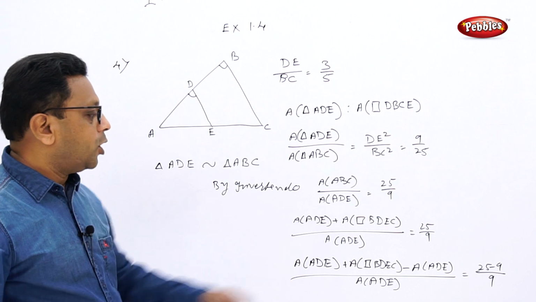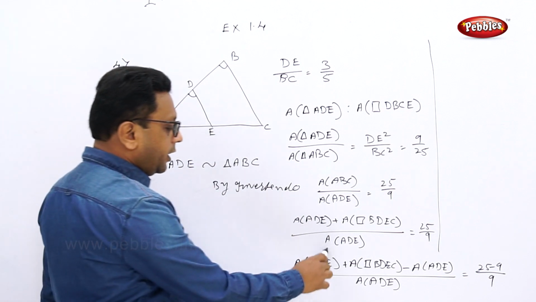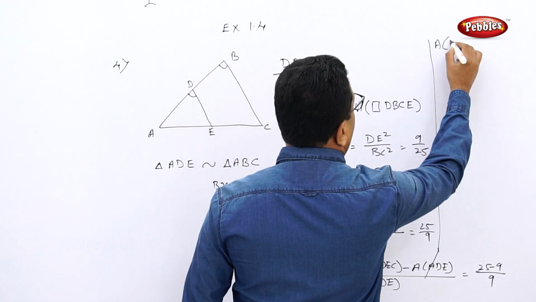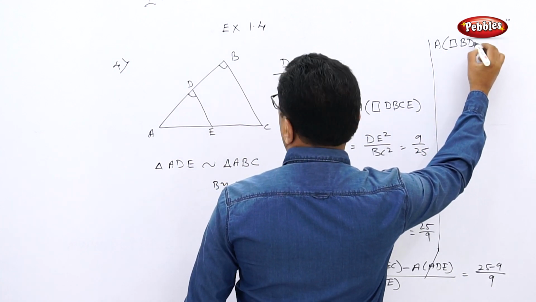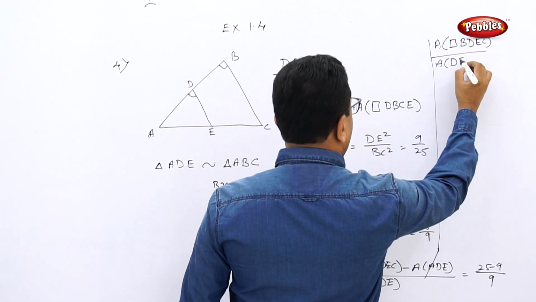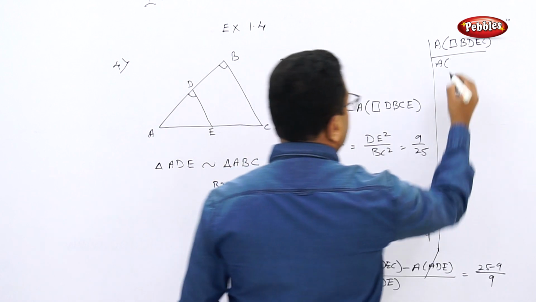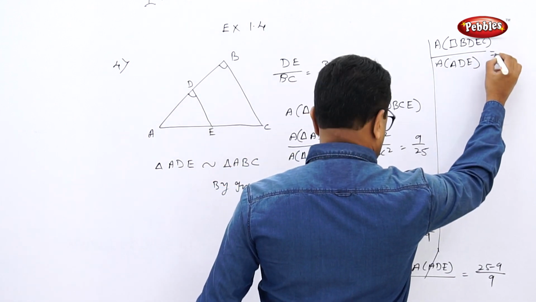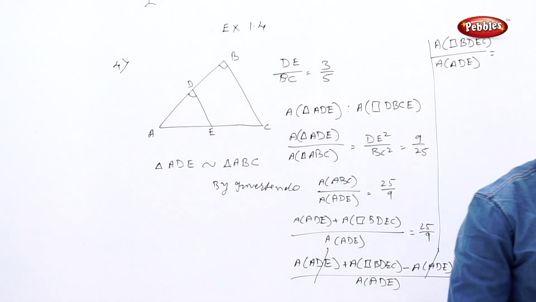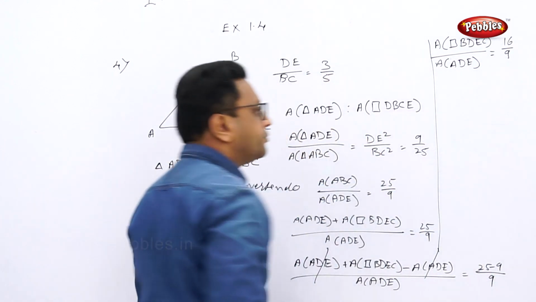So further I'll write it here. So here ADE and ADE will get cancelled, and now you have got area of quadrilateral BDEC upon area of ADE is equal to 25 minus 9 upon 9, is equal to 16 upon 9.